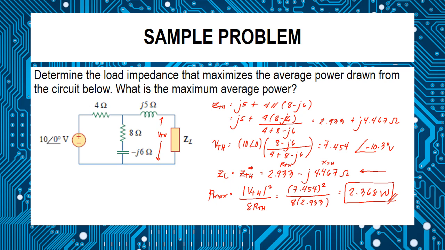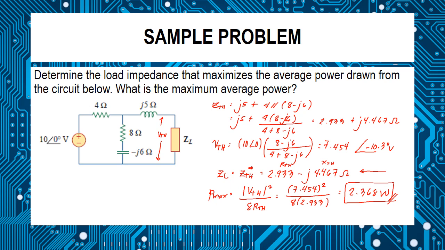So for the maximum average power, this would be Pmax. So that is equal to VTH squared over 8RTH.